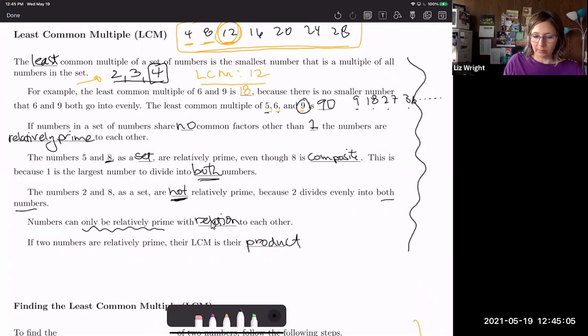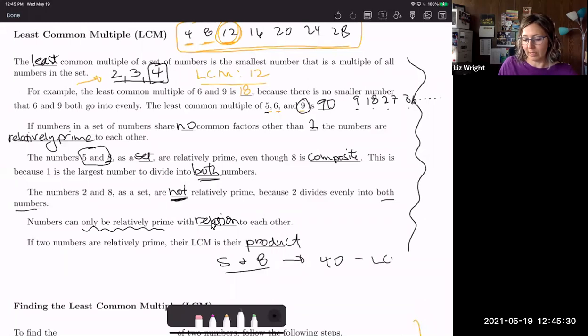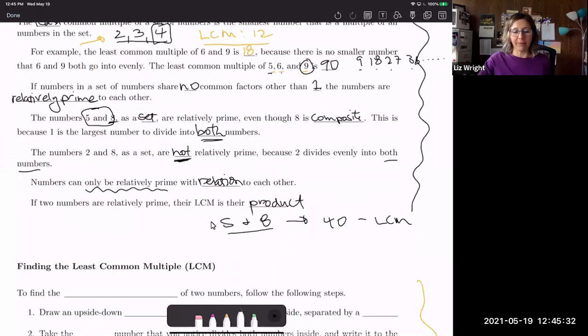So for example, these two, 5 and 8, because 5 and 8 were relatively prime to one another, the only one of their factors that will go into both of them is 1. And so when they're relatively prime here, their least common multiple is going to be their product. So 5 times 8 is going to give you 40. And so that would be their LCM for that.